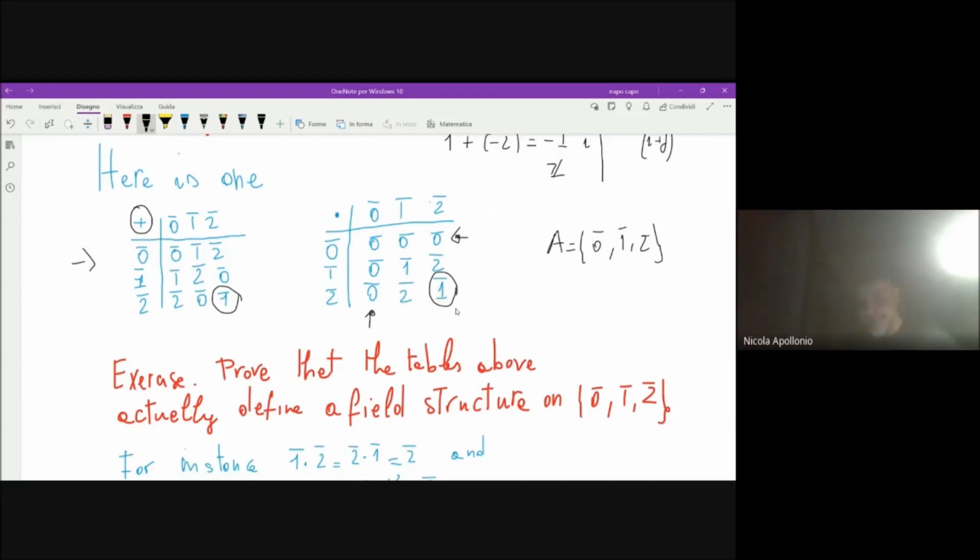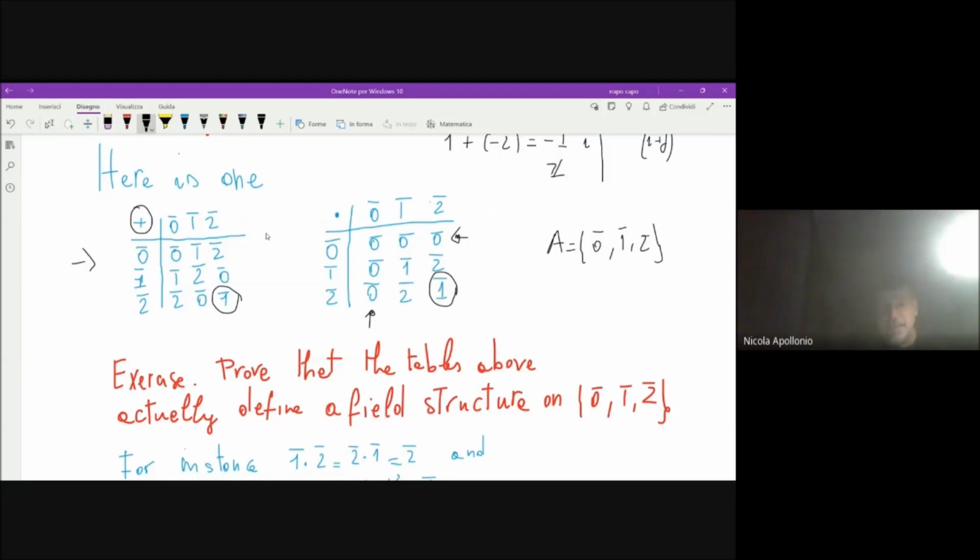So I'm saying that this is actually an arithmetic. What I mean is that it has all the properties that we expect. We can sum elements to get still elements, so we have both the addition and the multiplication.